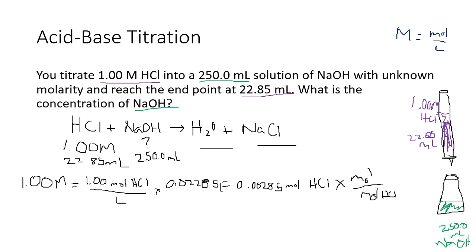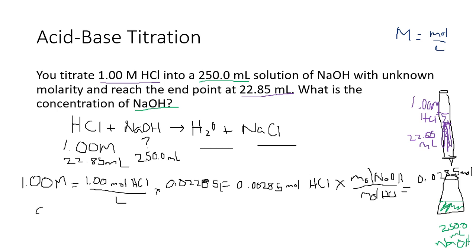And it's a 1-to-1 ratio, so that's stupid easy. Because multiplying by 1 leaves us with the same number we started with. Okay, so now we've got that number, and we want to define molarity.